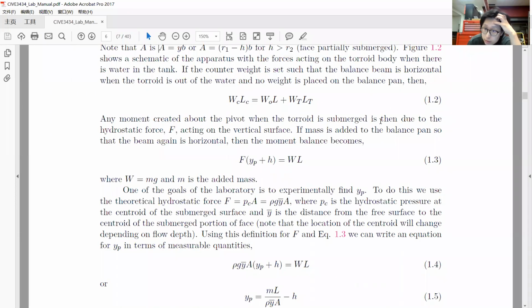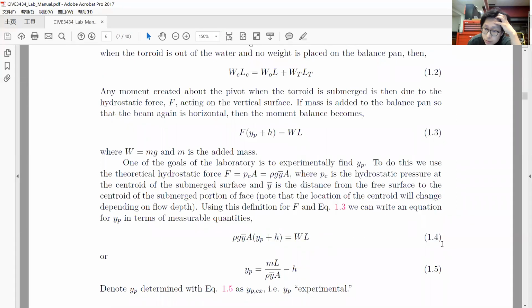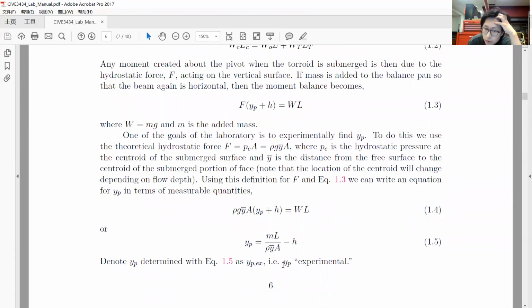And we have equations 1.2, 1.3, 1.4, and 1.5, which is what we're going to use for the calculation. And 1.3, F times (YP plus H) equals W times L, is basically what I have already mentioned, a moment equilibrium.